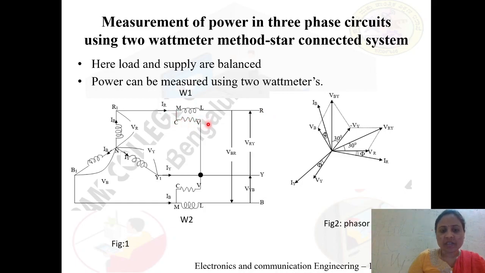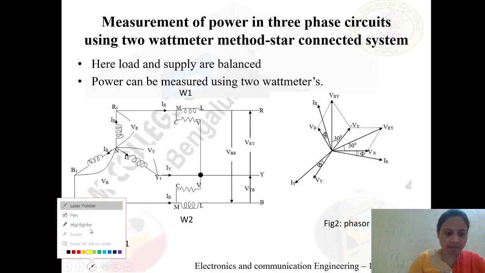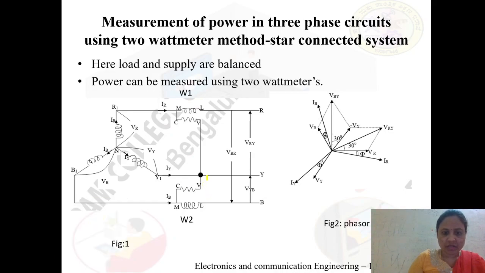Here we can see the voltage coil is connected between two lines. Which lines is it connected between? Between R and Y. So this voltage coil is connected between this line and this line.